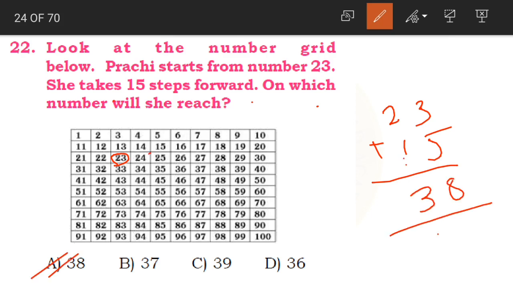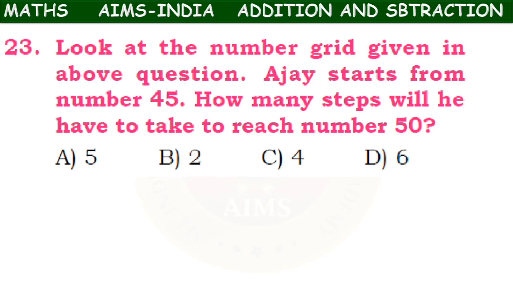That is 38. Option A. Or else from 23 you can count 15 steps. 1, 2, 3, 4, 5, 6, 7, 8, 9, 10, 11, 12, 13, 14, 15. What is it? 38. So either way, 38 will be our correct answer.